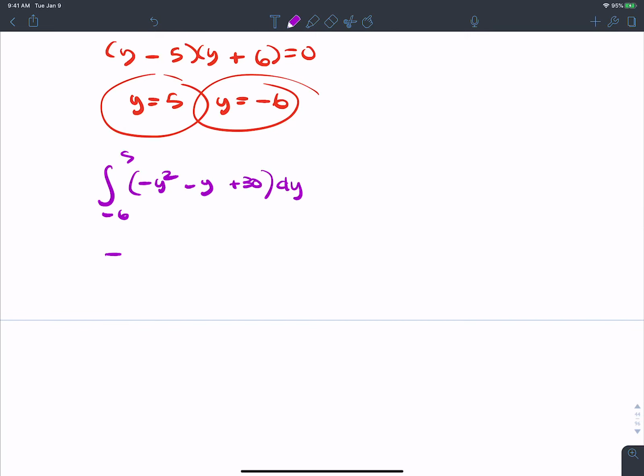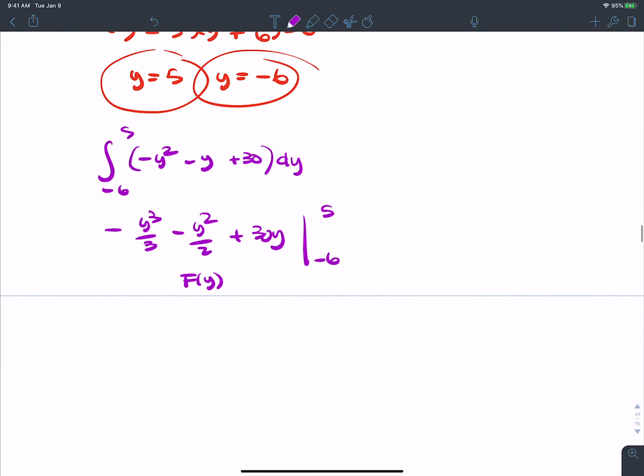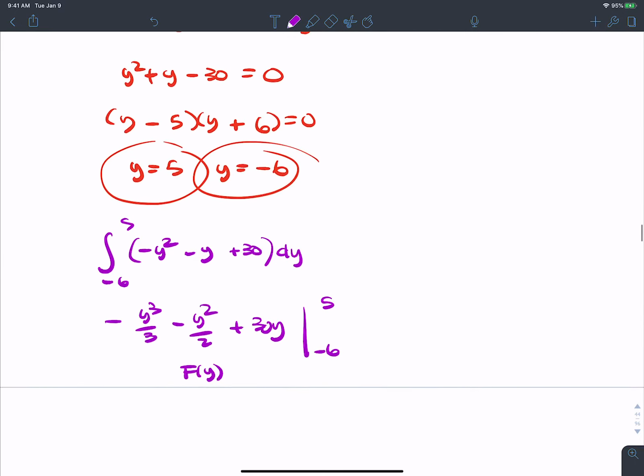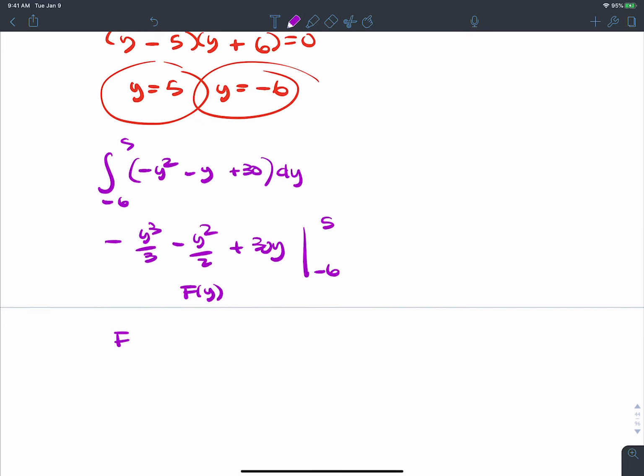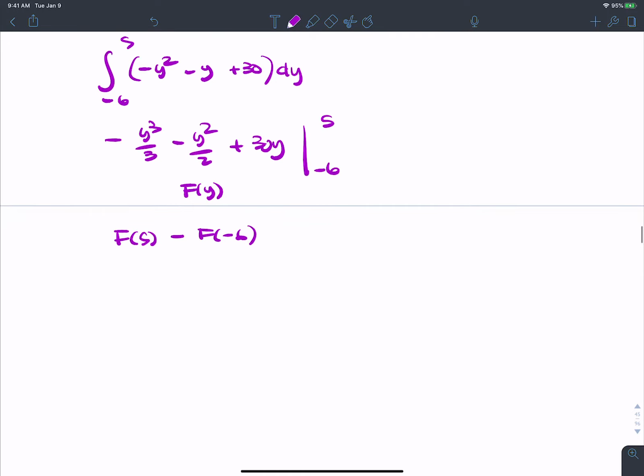So we get negative y cubed over 3 minus y squared over 2 plus 30y. You evaluate this between negative 6 and 5. So this is my f of y here. So we'd have to find f of 5 minus f of negative 6.